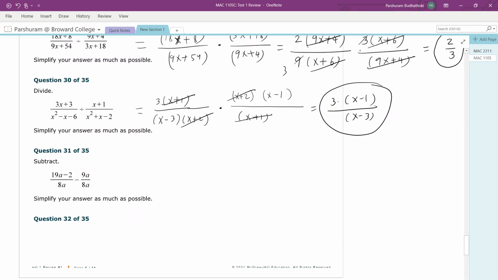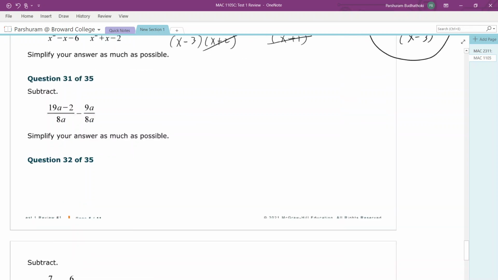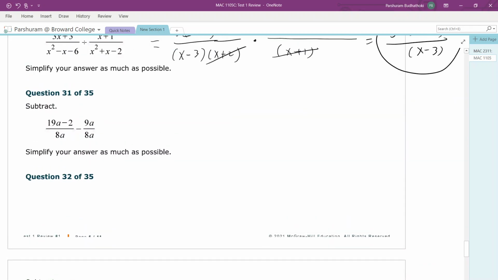Now, we are going to subtract a rational expression from another rational expression. If there is a common denominator, the subtraction is very easy. It's 19a minus 2 minus 9a, and we just have to write down one denominator, 8a, because of the common denominator. So 19a minus 9a is 10a, minus 2, over 8a.